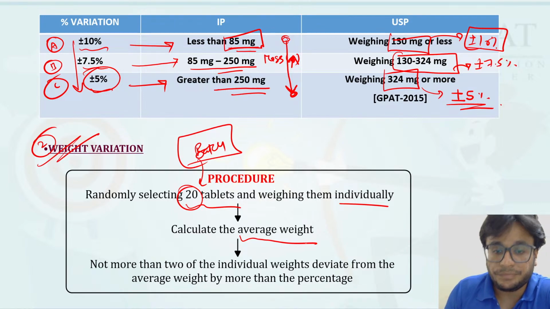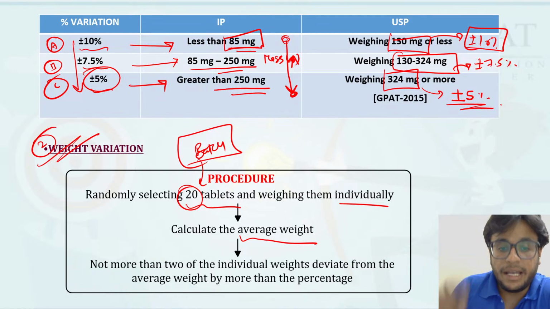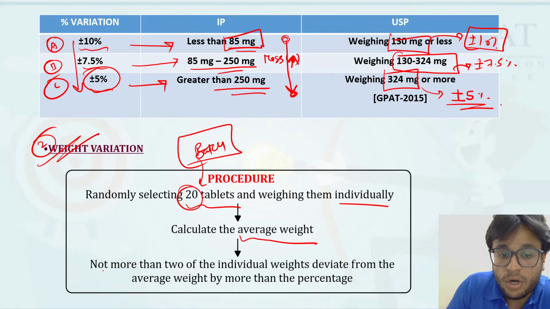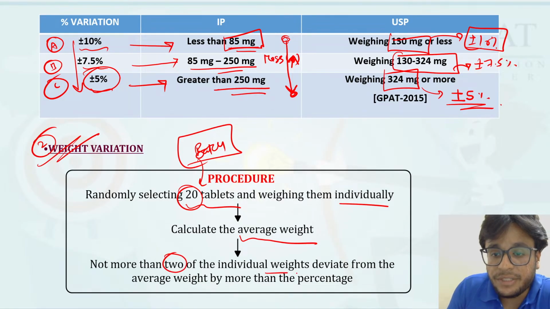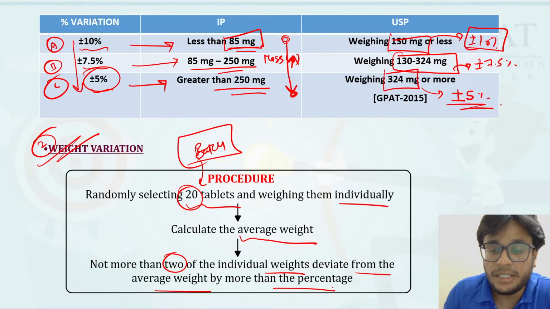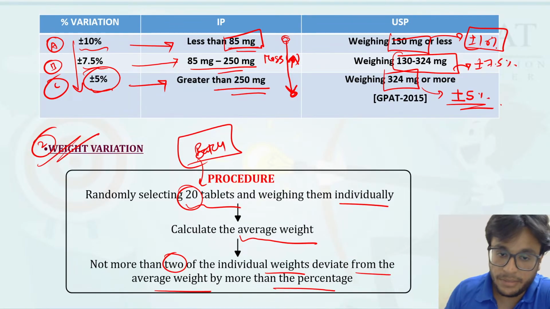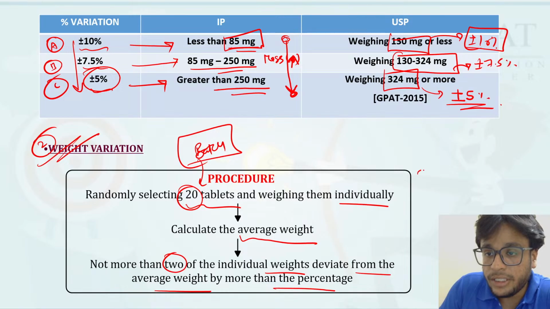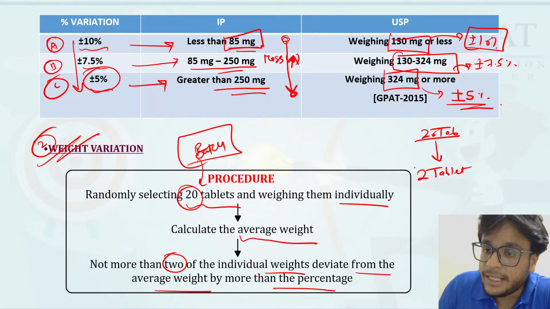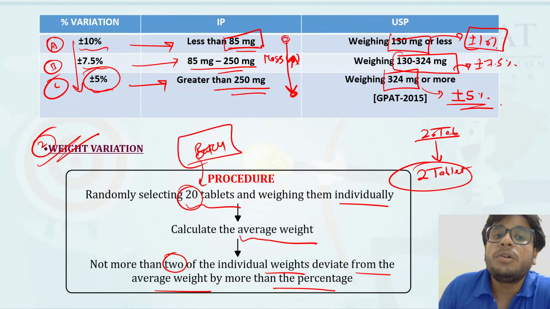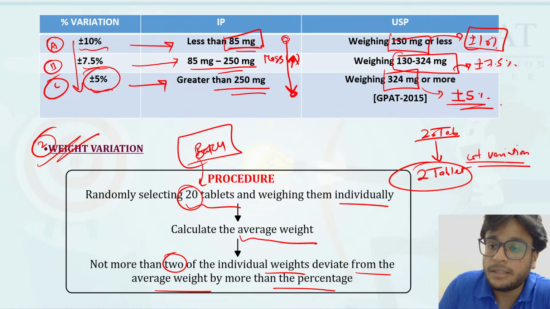After taking the average, they say that not more than 2 of the individual weights should deviate from the average weight by more than the percentages given in the next table. So they allow only 2 tablets out of 20 to have their weight variation beyond a particular acceptable range.